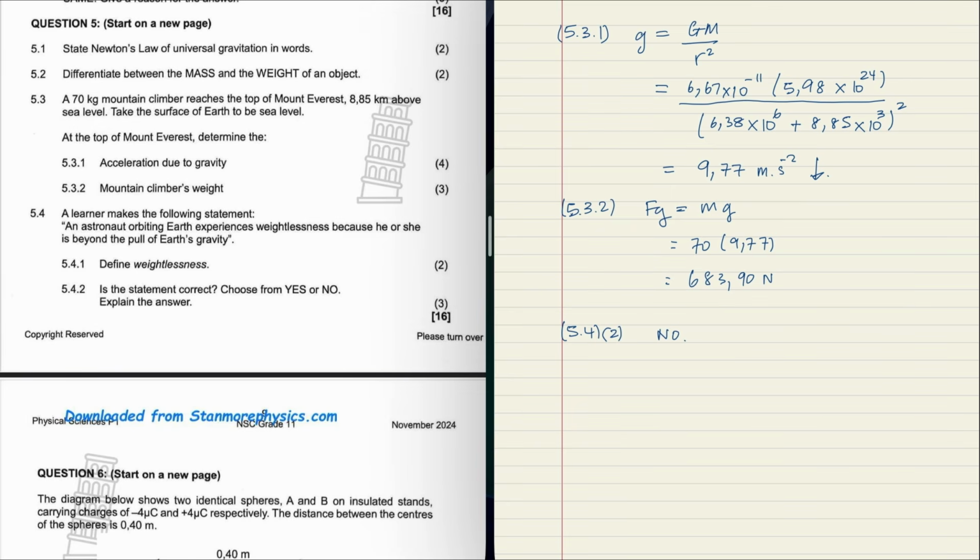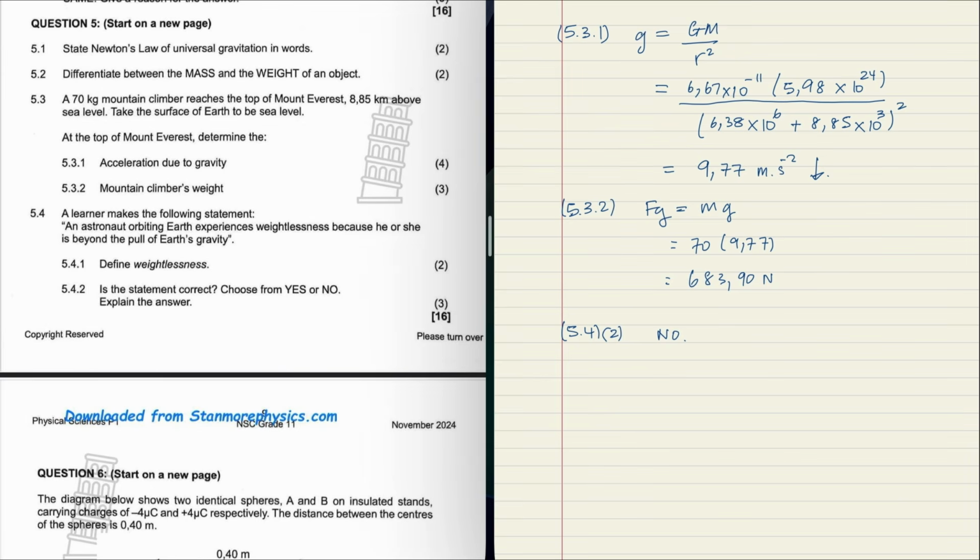What the learner is stating is that when the astronaut is in space, they do not experience gravity at all. That's incorrect because they are still in the gravitational field, they are still going to experience the force of gravity of the earth. It's just going to be very, very small, so it's not going to be zero.